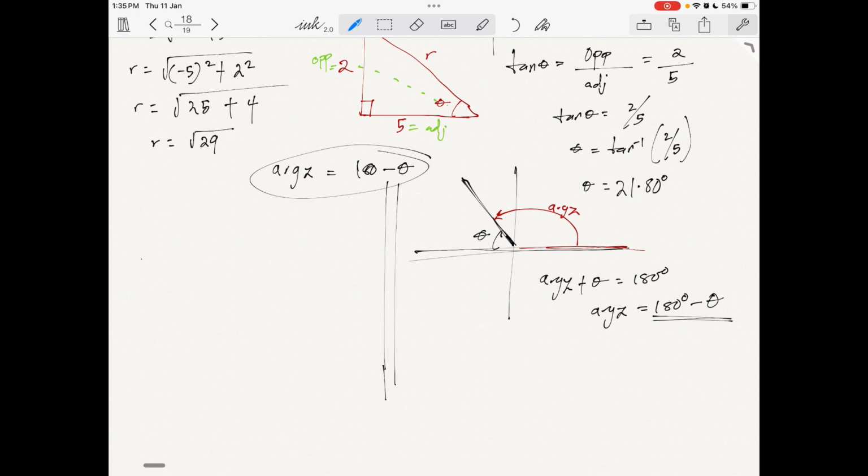So now let's go straight to slot it into the polar form. Remember that Z is equal to R into cos theta plus i sine theta.